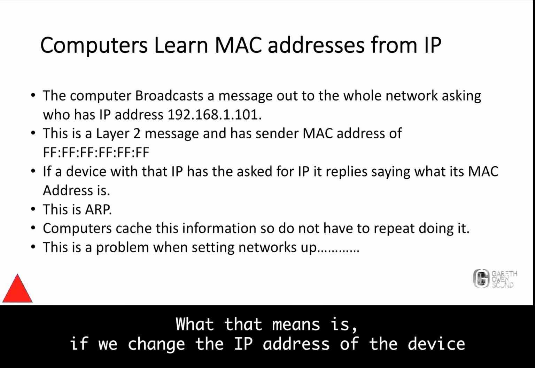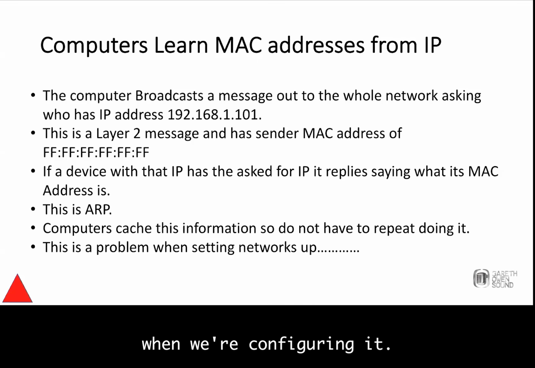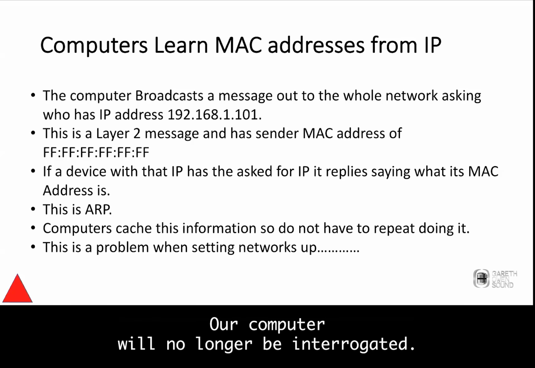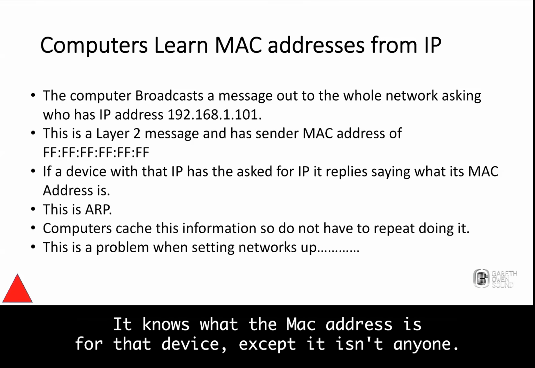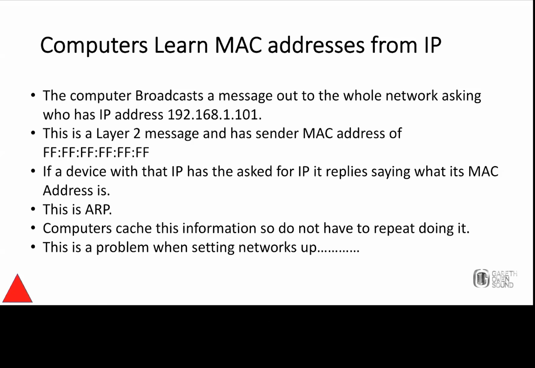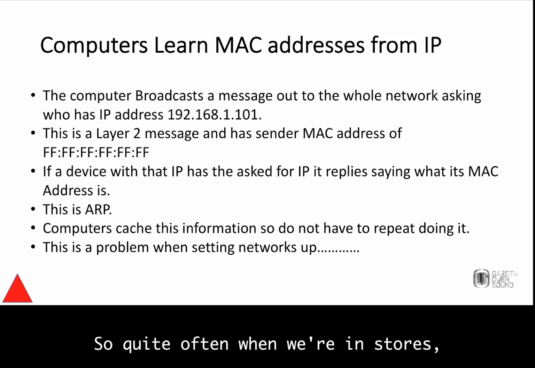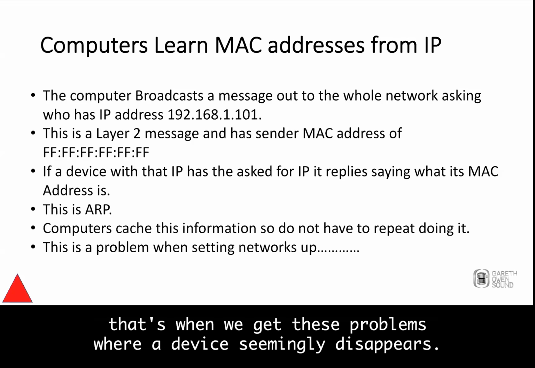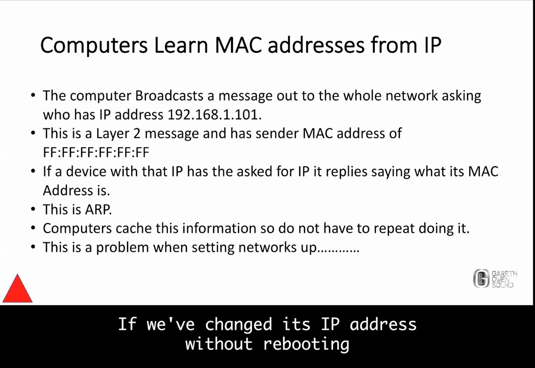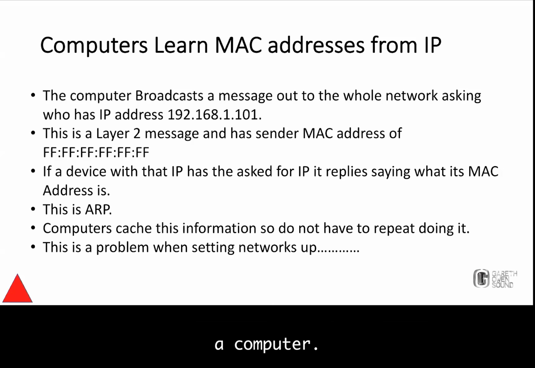What that means is if we change the IP address of the device when we're configuring it, our computer will no longer re-interrogate. It knows what the MAC address is for that device, except it isn't anymore. So quite often when we're in stores, that's when we get these problems where a device seemingly disappears if we've changed its IP address without rebooting a computer.